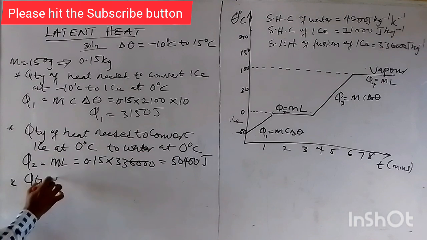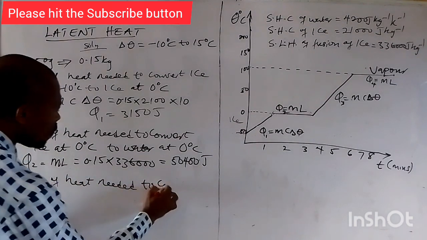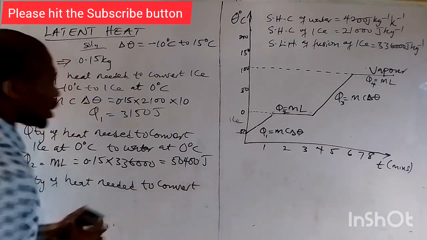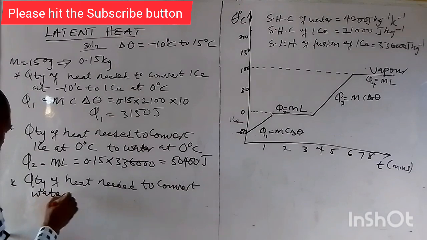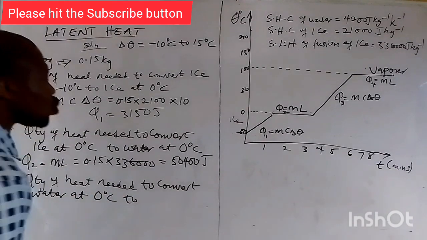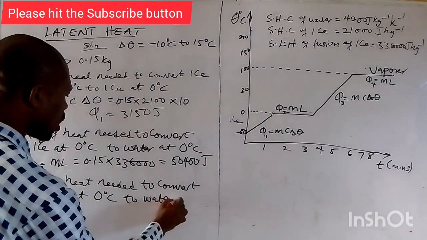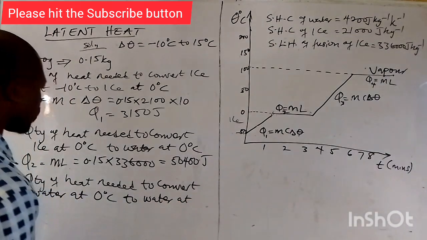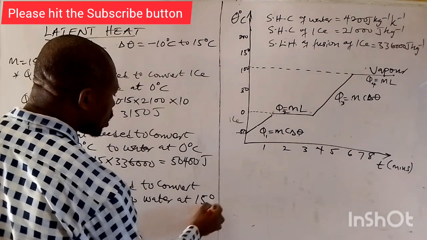Now Q3, quantity of heat needed to convert, now this is water, convert water at 0 degrees Celsius to water at 15 degrees Celsius.